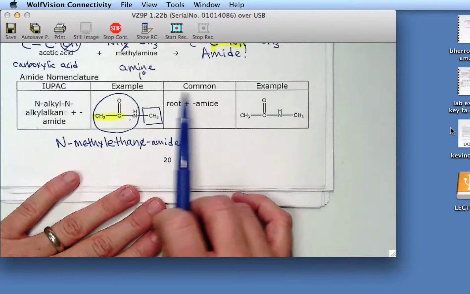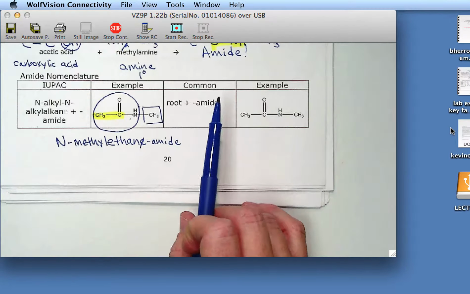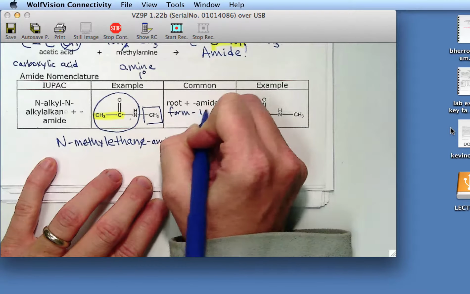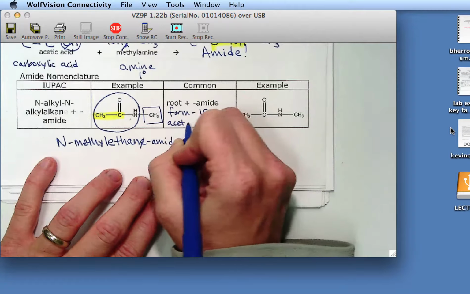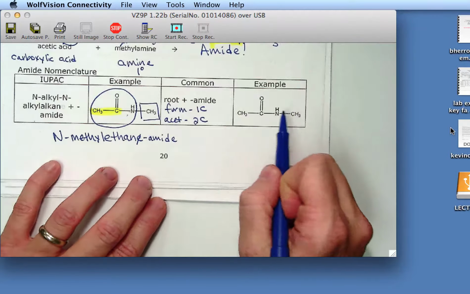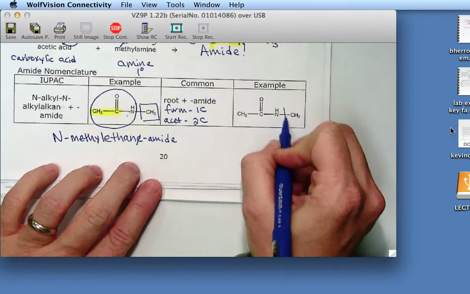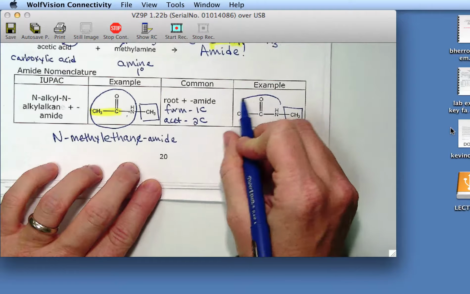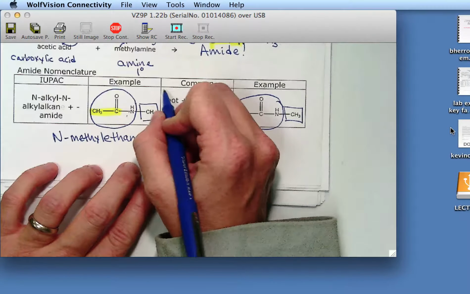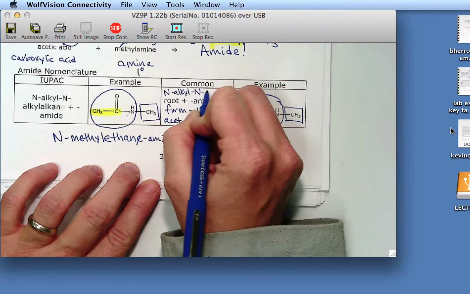So with common names, what are the 2 roots that we know for carbonyl compounds? Good. Form and acet. Form is 1 carbon, acet is 2 carbons. Just like you did over here, you're going to do your squaring and circling the same way. And I should put in N-alkyl, add that.